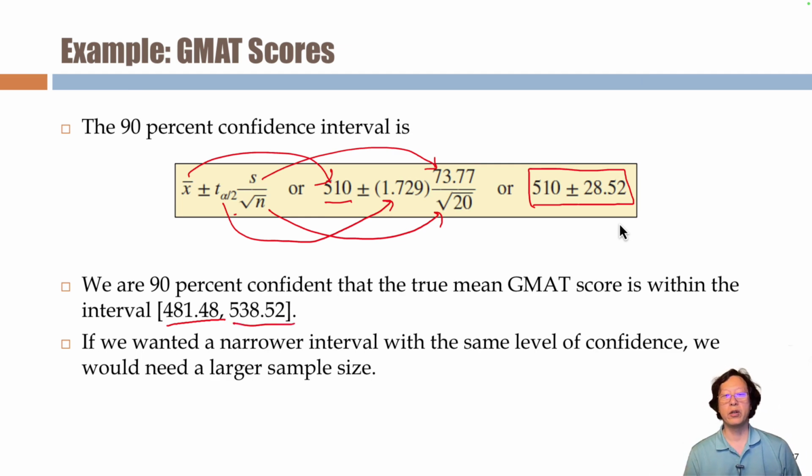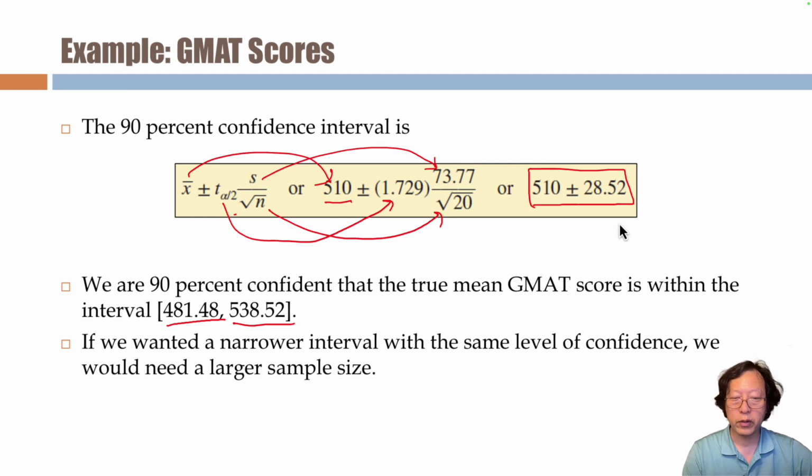So our true population mean will be between 481 and 538 with 90% confidence. Here the 90% confidence does not mean 95% probability. It's a little different story, right? I explained that, so don't be confused by the statement.